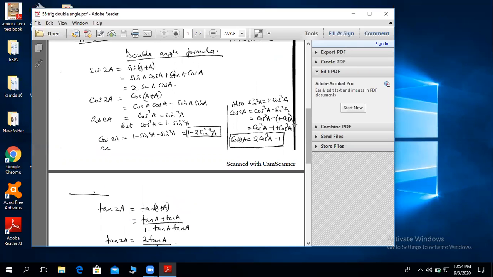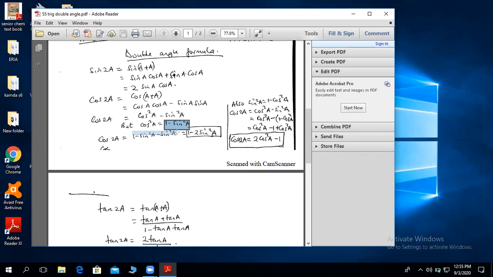So now, having known that cos A times cos A becomes cos squared A, and sin A times sin A becomes sin squared A. But you remember that from the other identity, cos squared A plus sin squared A equal to 1, cos squared A will be equal to 1 minus sin squared A. So when I carry this and put it where there is cos squared A, I end up getting this.